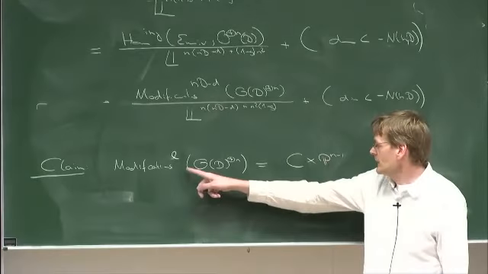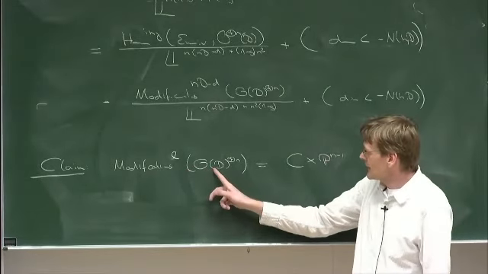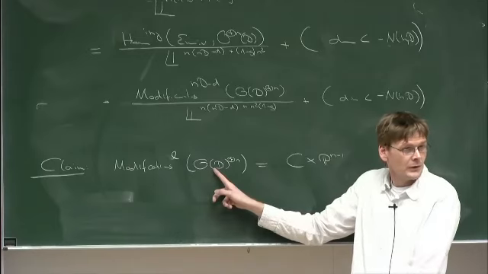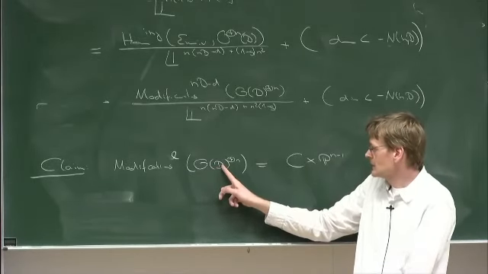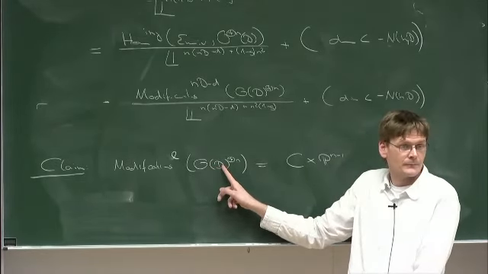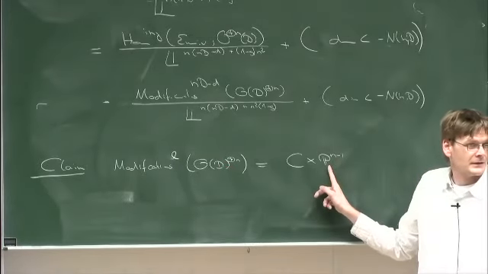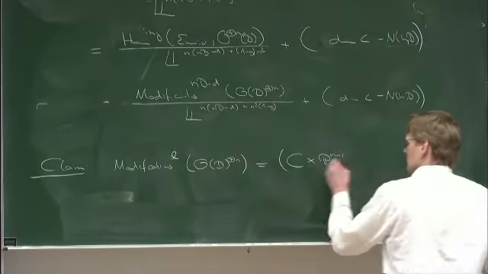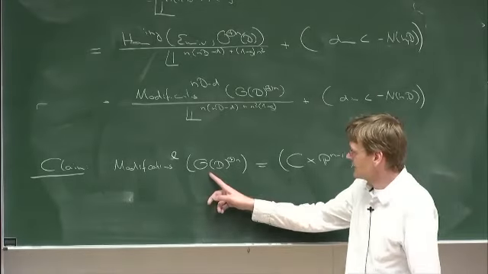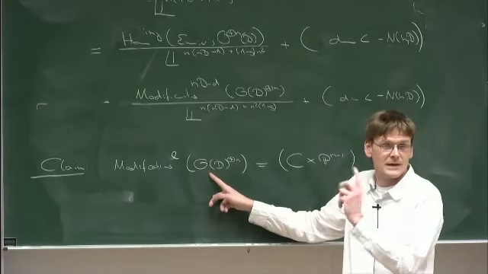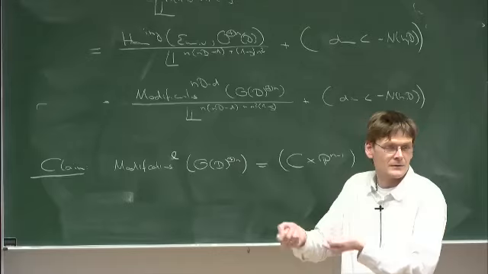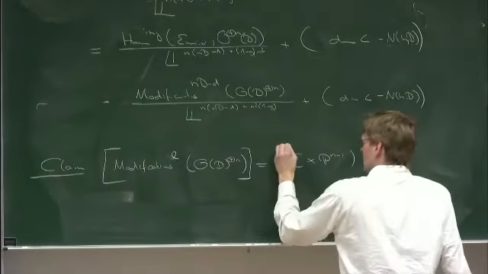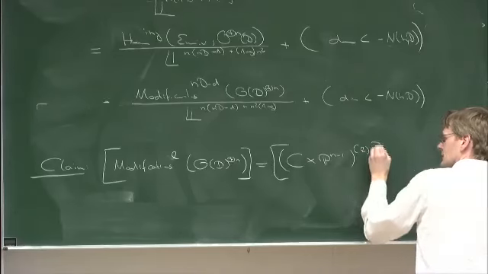So if L would be 1, then a modification of length 1 of this vector bundle would just be a point in the curve and a one-dimensional subspace of the fiber of this vector bundle. So I will get this class. Now I do this L times, and I don't care about the order. This is of course cheating very much, because I could choose L times the same point, and then I have lots of different types of modifications. But for the class in the Grothendieck group, it turns out that this doesn't matter.